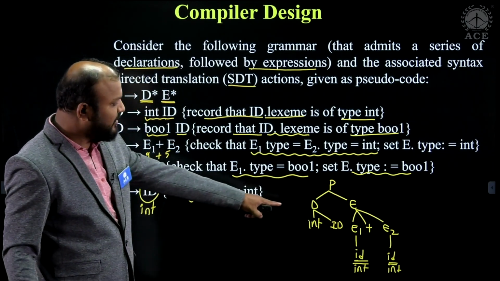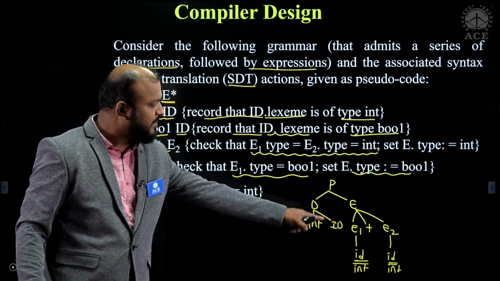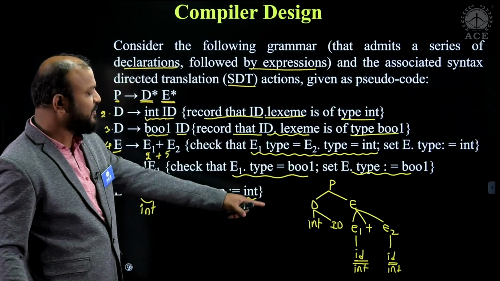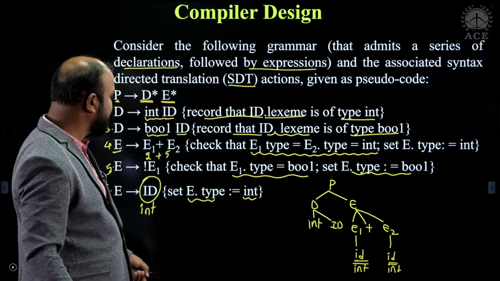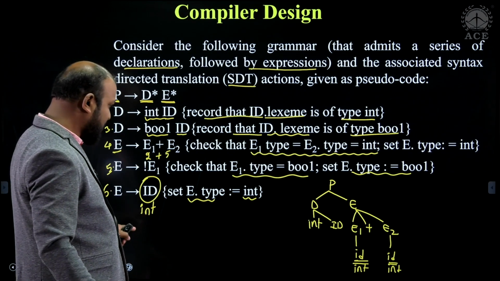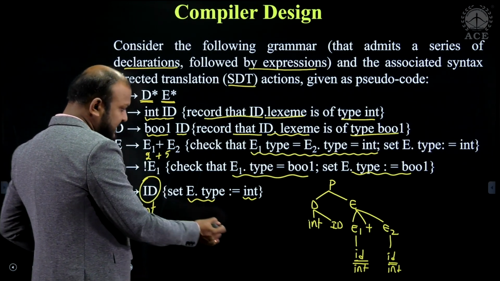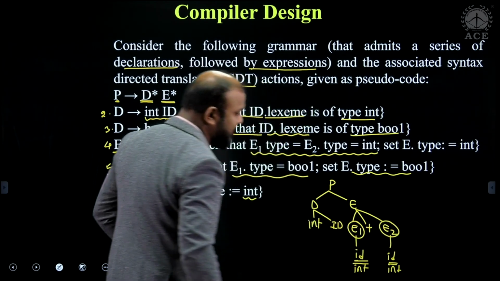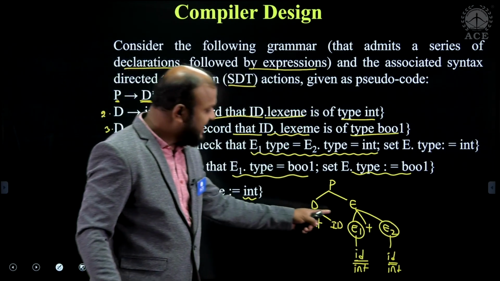So it is going to check the type of E1 and type of E2 for integer, not for Boolean variables. Why? Because whatever E you see in the parse tree is finally going to derive an identifier.